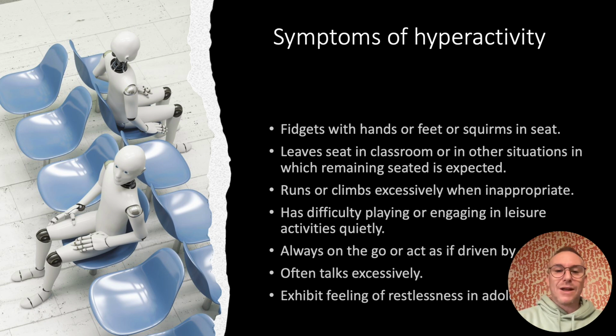Has difficulty playing or engaging in leisure activities quietly, in the book area, in the reading corner, very difficult to be quiet in those kinds of spaces. Always on the go, maybe acts as if they're driven by a motor, supercharged battery, the Duracell kid, often can talk excessively, and can exhibit feelings of restlessness as well, as they get older.